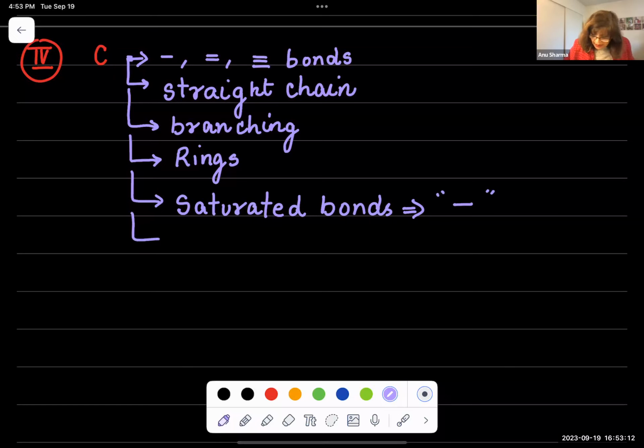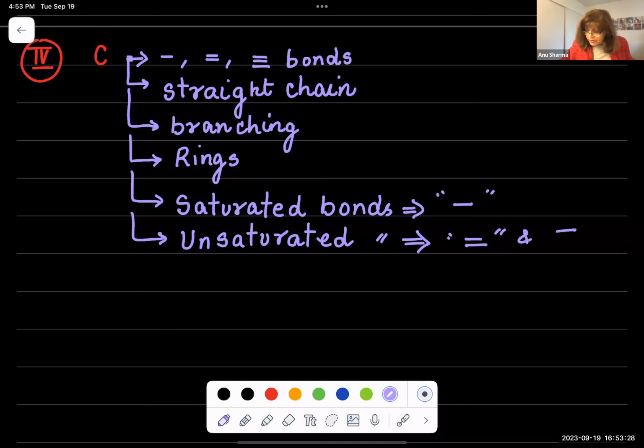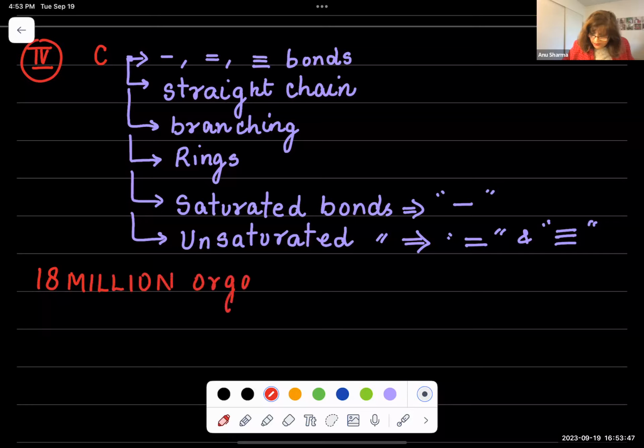But carbon can also make unsaturated molecules. Unsaturated means that there could be a mix and match of double bonds and triple bonds. That's why organic chemistry is so complex. About 18 million organic compounds are known, and still more and more research is happening.